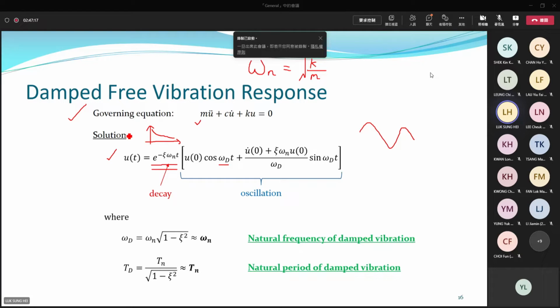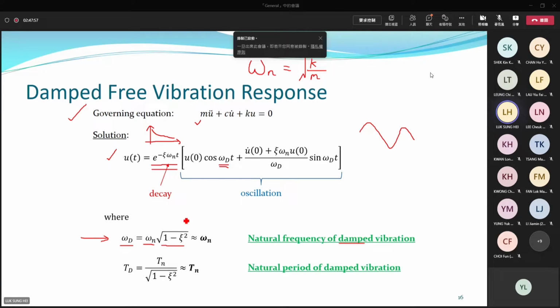For a damped system, the vibration frequency is slightly different from the undamped system. The relationship is here. The damped natural frequency, omega d, is slightly smaller than the original undamped natural frequency. It is equal to omega n, the original value, multiplied by the square root of 1 minus the damping ratio squared.